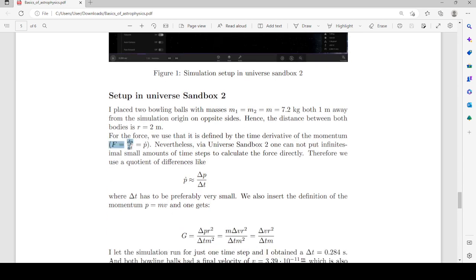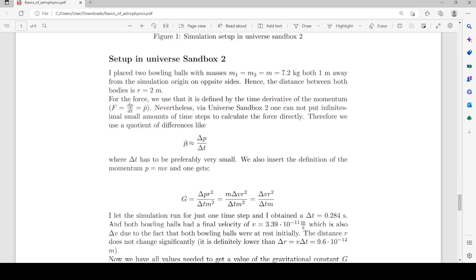For the force, we use the change of momentum. The p dot means the change of momentum, mass times velocity, over time, and this is called a force. I cannot measure the instantaneous change directly, so I measure the difference in momentum and the difference in time, making delta t as small as possible.